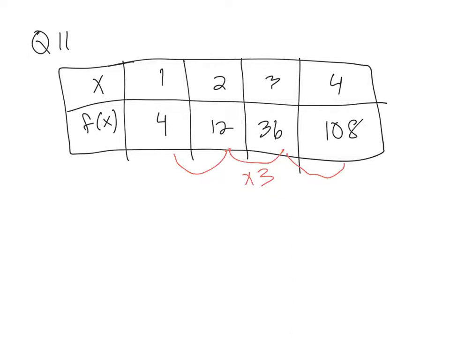Well, a typical exponential function looks like y equals a times b to the power of x. B is going to be whatever that multiplication factor was. So we're going to have 3 to the power of x. A is generally going to be your first term.